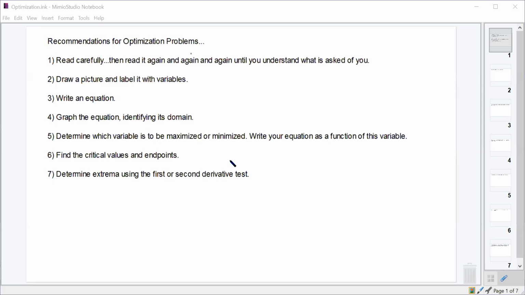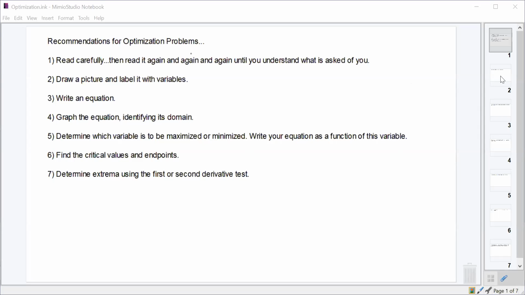In fact, I probably usually won't, but it's good to know what the domain of your function is so you don't pick a value for your answer that's not within the domain. And then figure out how to maximize or minimize whatever you're looking for and do it. And then always prove that your thing is a max or a min by either using a sine chart or by using the second derivative test.